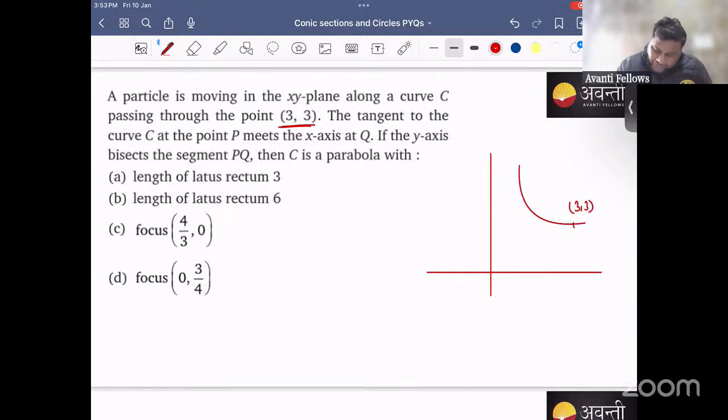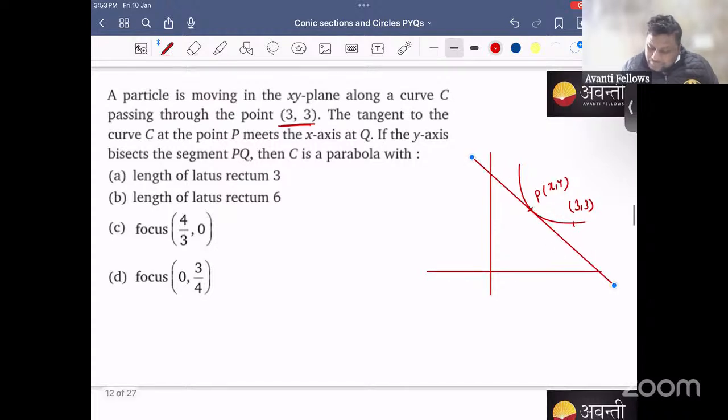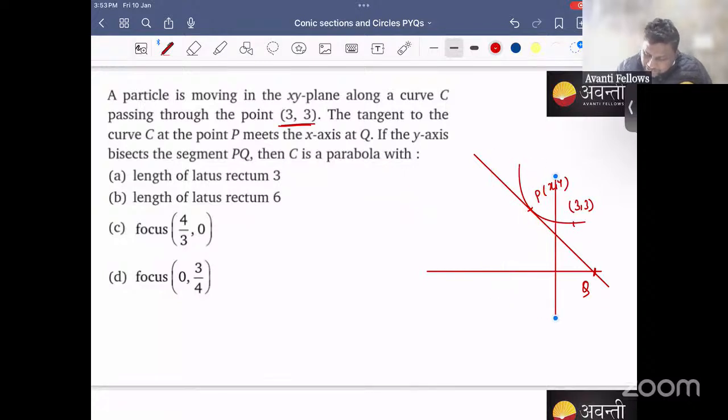Now tangent to the curve at point P, let me assume this point as x, y, meets the x-axis at point Q. This is point Q. If the y-axis bisects the segment PQ, that means this y-axis is not exactly here, it is somewhere here. Got it? And y-axis is bisecting this segment PQ.